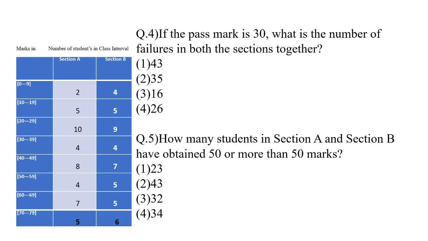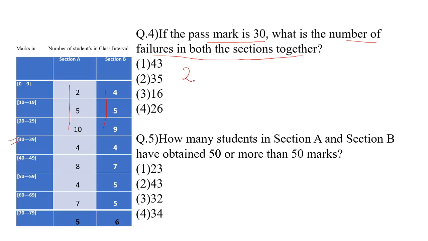Next question says, if the pass marks is 30, what is the number of failures in both the sections together? So here the pass marks is 30. The number of failures means less than 30 in both the sections. Here this and this.